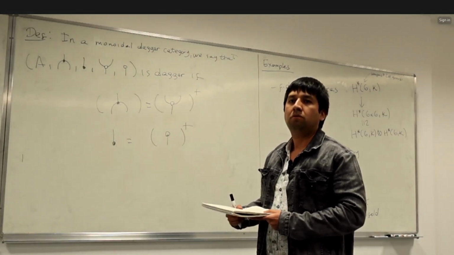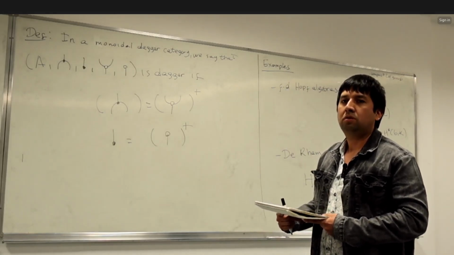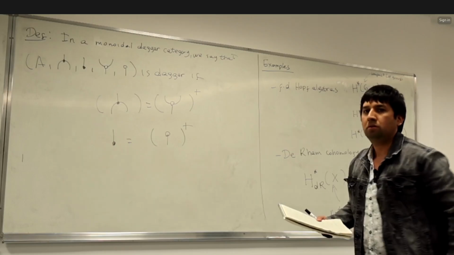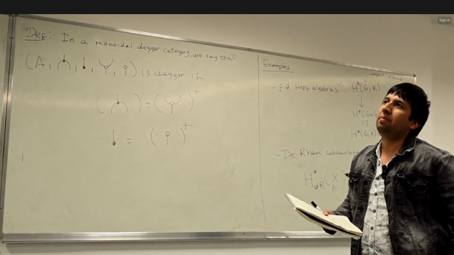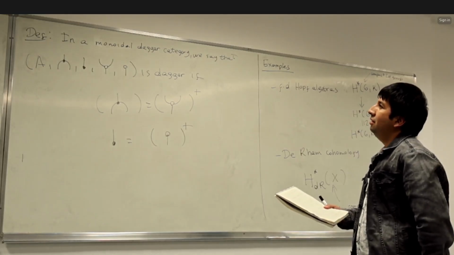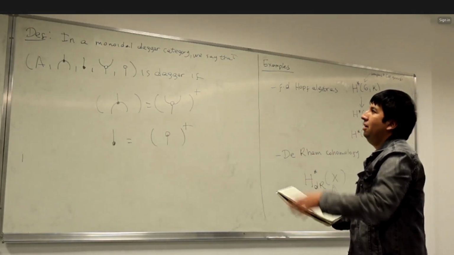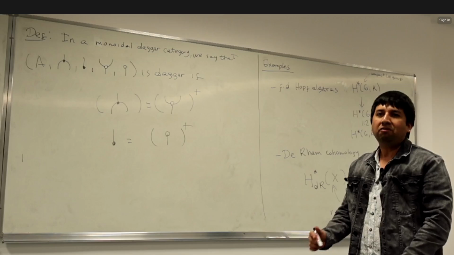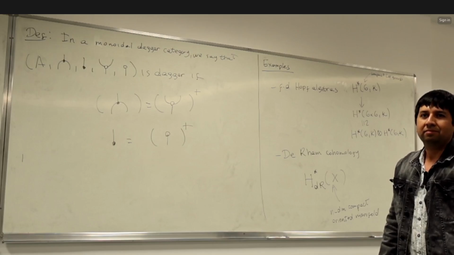We have a dagger structure, right? So if I have a monoid structure and apply the dagger, I get a comonoid, because the dagger goes to the opposite category.